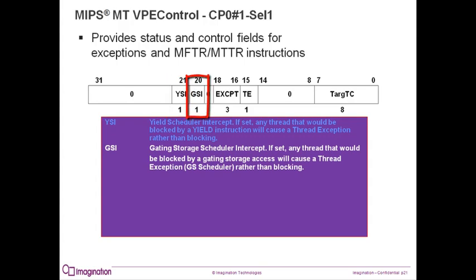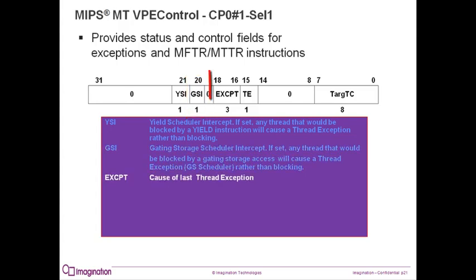The gating storage intercept bit controls how the processor will behave when a thread would be blocked as a result of the use of a load or store instruction to gating storage. If set, any thread that would be blocked by a gating storage access would cause a gating storage scheduler exception.